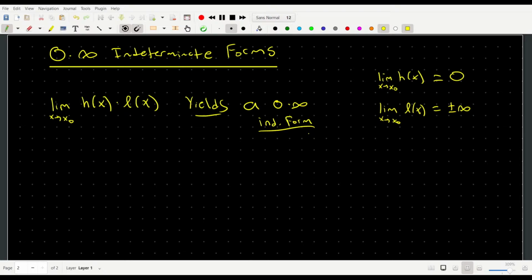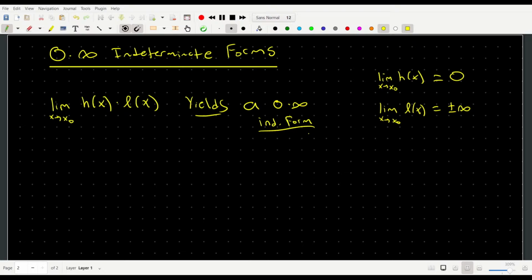And the reason this is an indeterminate form, like all the other ones that we've talked about, is that it doesn't have any mathematical definition outside of its meaning as this limit. We have to specifically investigate this limit. This limit could potentially be a finite number if h of x goes to 0 faster than L of x diverges to positive infinity.